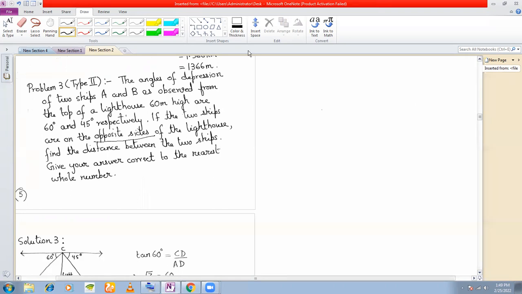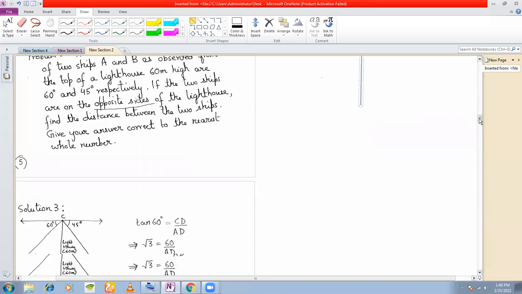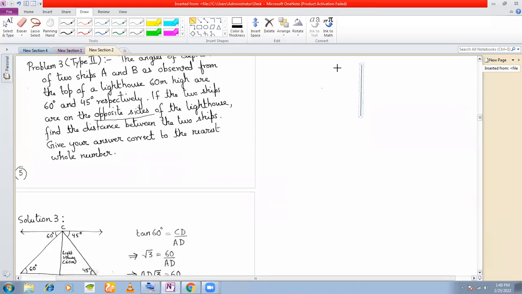So let's see how this will look like, how to draw this diagram. Now this is your lighthouse. Let's call this CD to be your lighthouse. And this is your sea level or the ground level, okay? Fine.